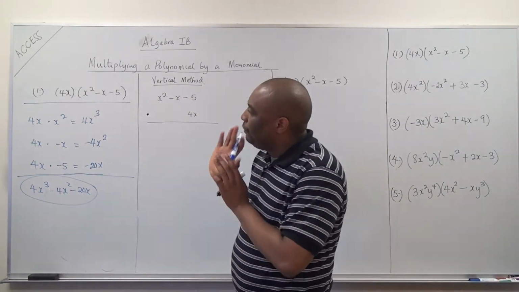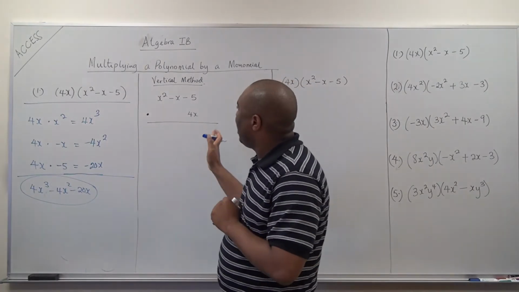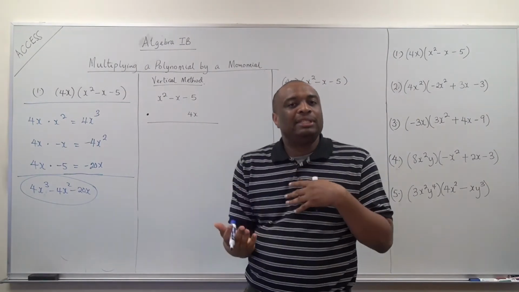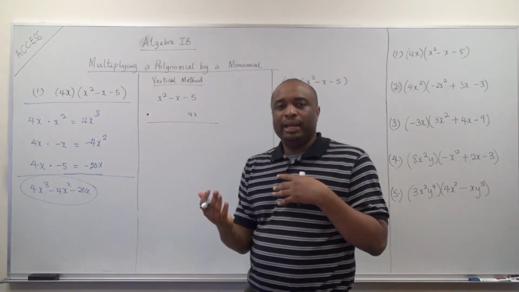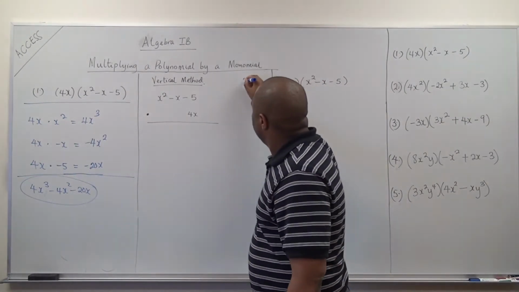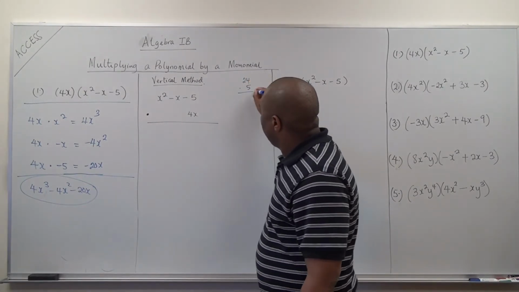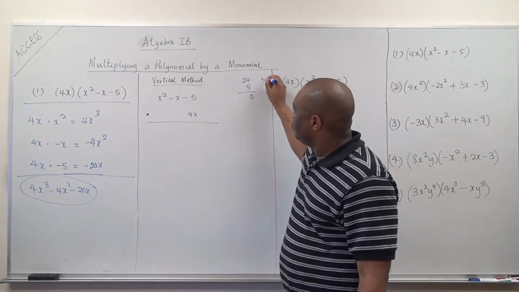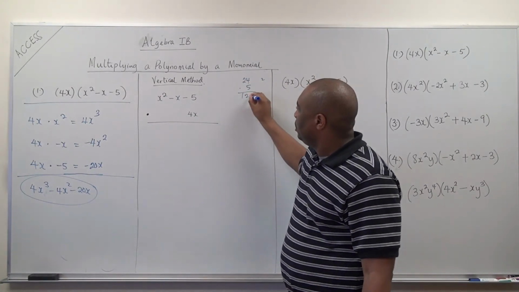Now, if you don't like this method, we still have another one we call the vertical method. Just like you do your multiplication, right? Let's say you're doing 24 times 5. You do 5 times 4 is 20, you write 0, carry over 2, 5 times 2, 10 plus 2, 12.